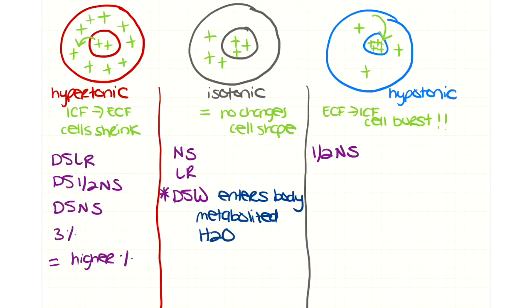So, when it's just in the bag alone, it is isotonic. But once D5W enters the body, it becomes hypotonic.